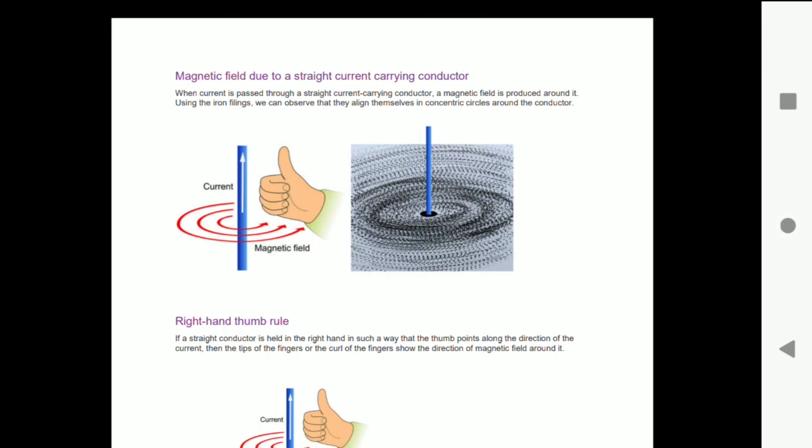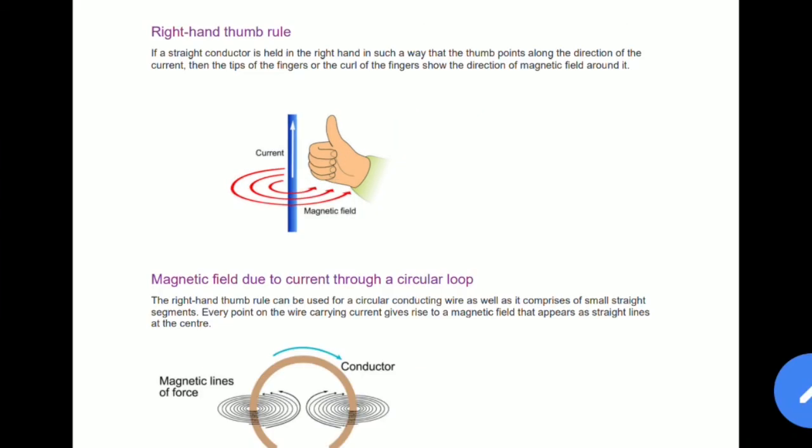Now, how you can find the direction of magnetic field produced by a straight carrying conductor? If the direction of current is known, then the direction of magnetic field produced by a straight wire carrying current can be obtained by using Maxwell's right-hand thumb rule.